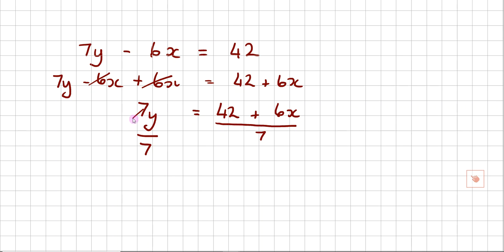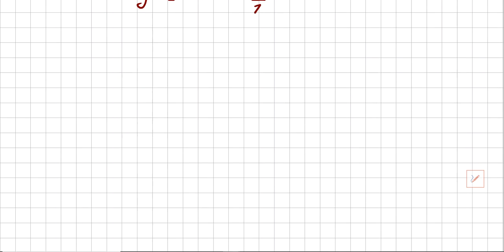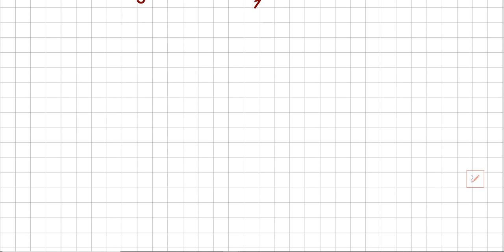So I end up with 42 divided by 7 is 6, but I've still got 6 divided by 7x. What's the gradient? 6 over 7. 6 divided by 7. Okay?